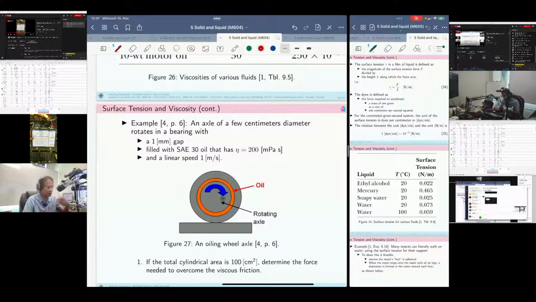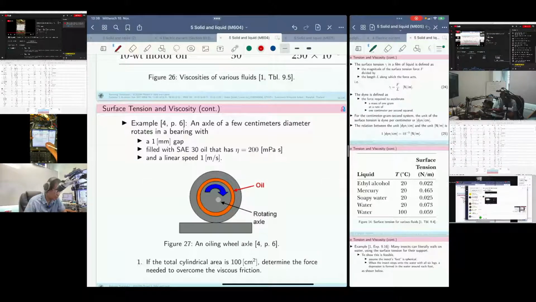This is the cross-sectional view of that bearing rotation. This is the axis, it's the axle, and this one is like a big wheel. If we rotate it, it's going to move.